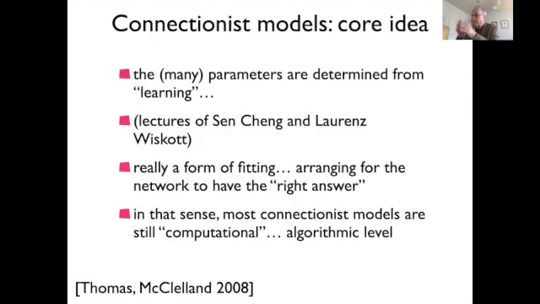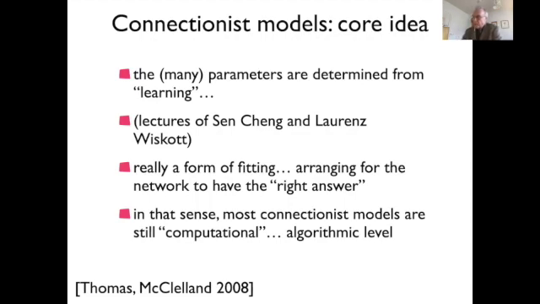And all of them share this core idea that is really the strength of this approach: the idea that the many parameters of these models, many, because connectionist models have way more parameters than mathematical psychology models, and they don't embrace the philosophy of mathematical psychology that compressing the data to a small number of parameters is the actual value of a model.